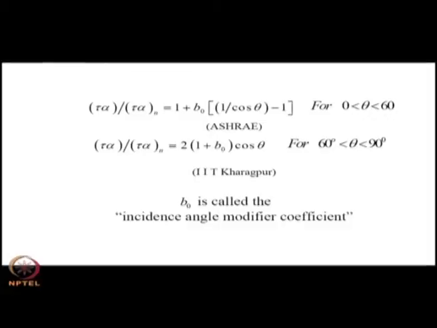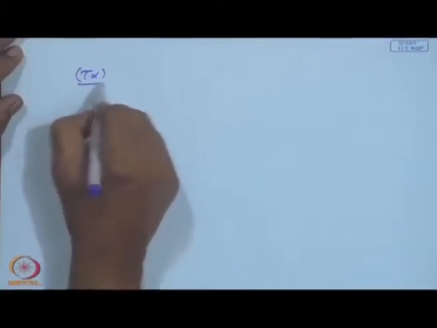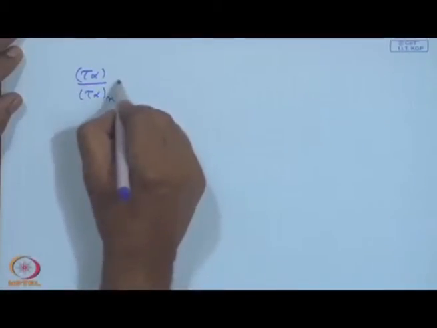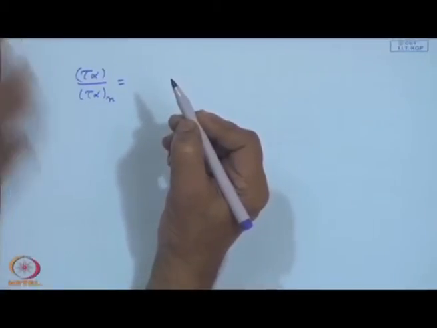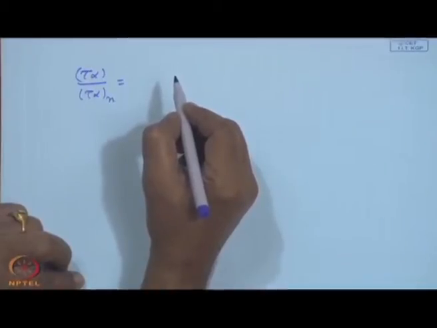Now, this is described by ASHRAE. Now, this reference to tau alpha n, that is the transmittance absorptance product at normal incidence, is a material property. Okay, that will be the highest for the given material or glass cover and the absorber. If the incident ray is normal, then you have the maximum transmittance, because the path it has to traverse will be minimum.